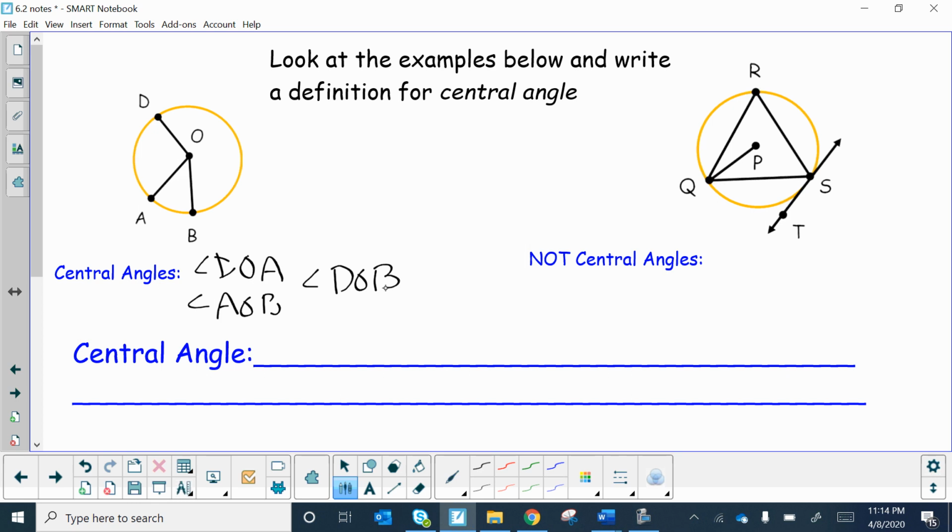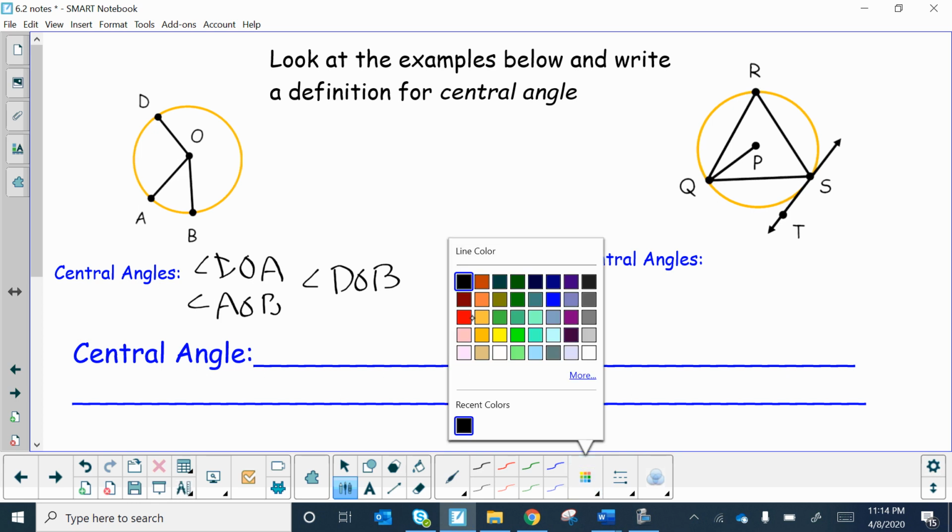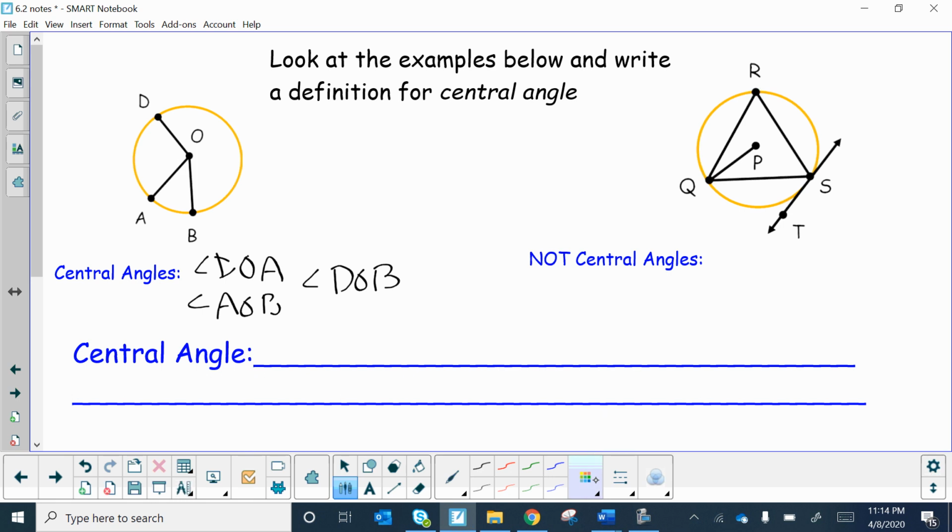So those are three examples of central angles. Over here, we have some angles drawn in this circle that are not central angles. I'm not going to name them, but none of those angles are central angles.